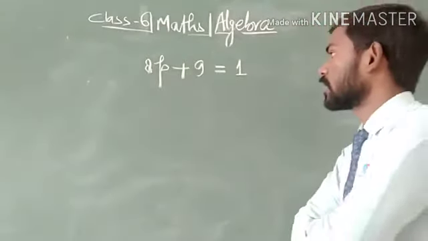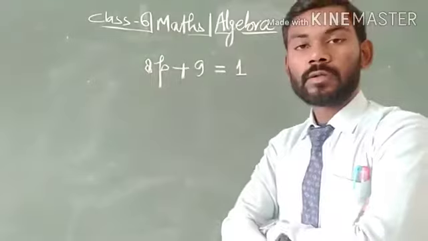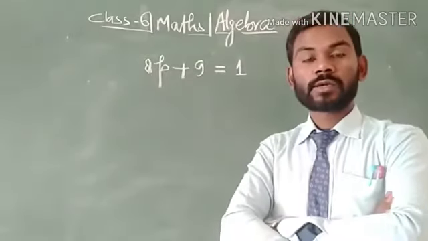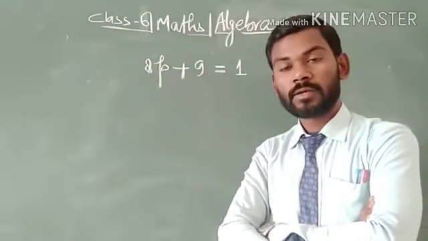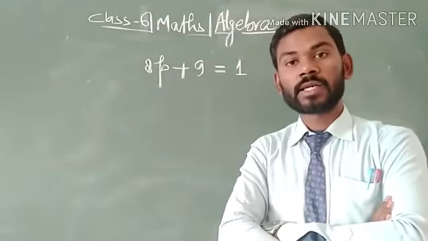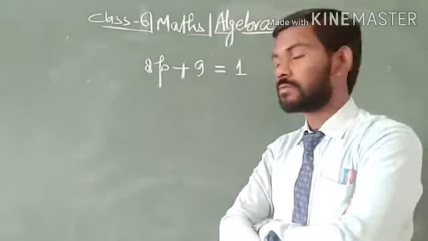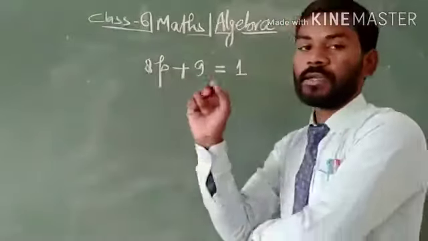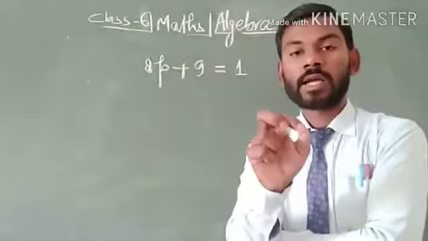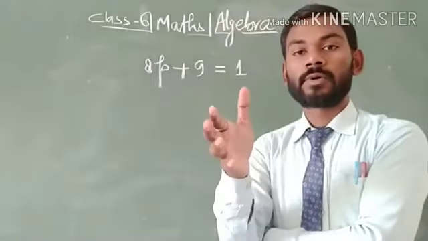So let us see. First of all, we shall recognize the term that has the variable, that is p, and the terms that do not. So here 1 and 9 are the terms that have no variable.